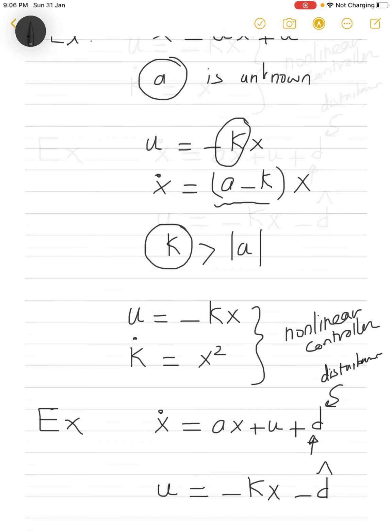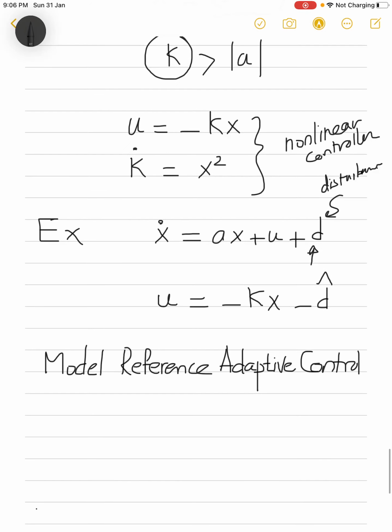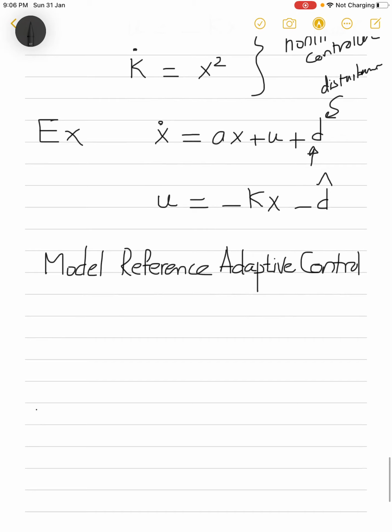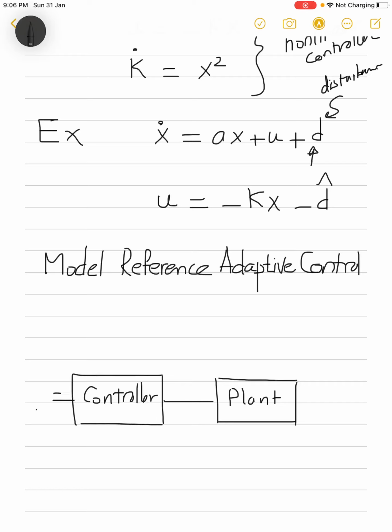Finally, let me give a brief introduction to model reference adaptive control. Assume that we have the normal control loop. This is a plant, and this is the controller, with negative feedback. This is the reference, and this is the output.